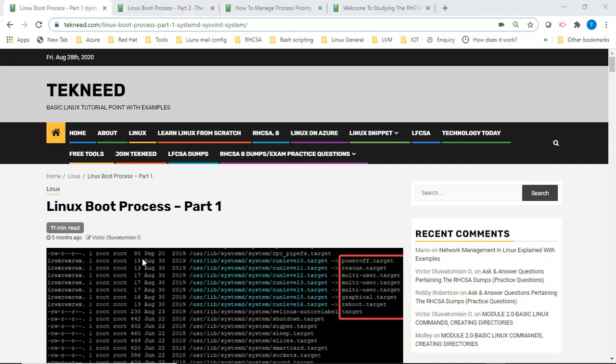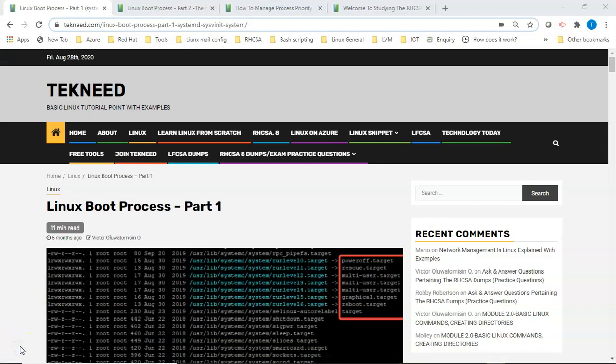So I think the next question would be, what are these system modes, these system run targets? But before then, let's talk about run level. Run targets are also run levels. The SysV init system uses run levels, while the systemd system uses run targets. It's funny, right? Anyways, that's the way it is.